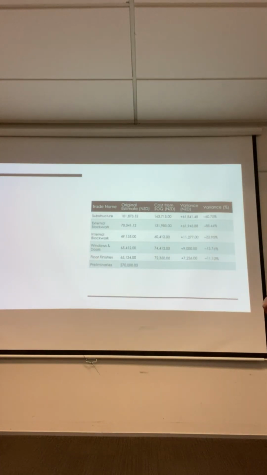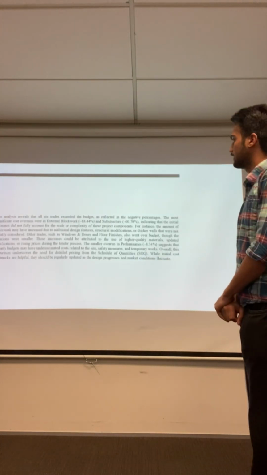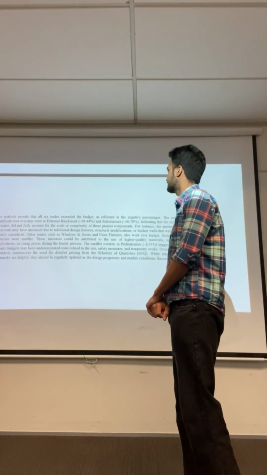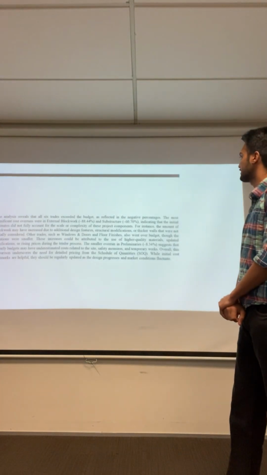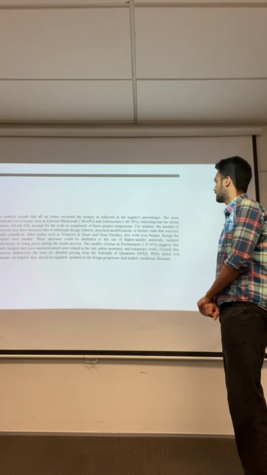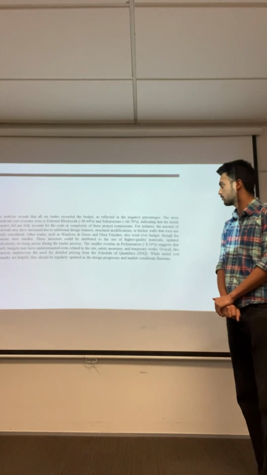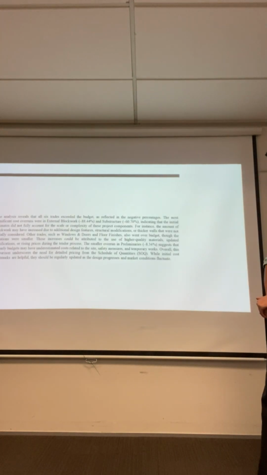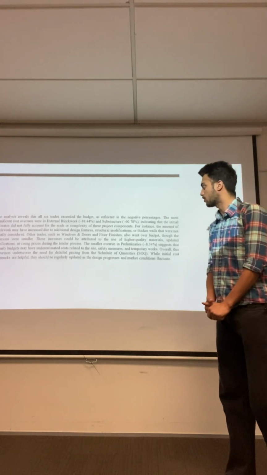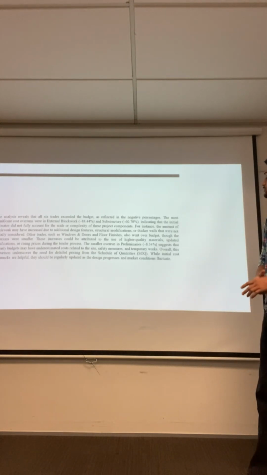these are the measurement trades. The analysis reveals that all 6 trades exceeded the budget, as reflected in the negative percentage. The most significant cost overruns were in external block work and substructure, indicating the initial estimates did not fully account for the scale or complexity of these project components.